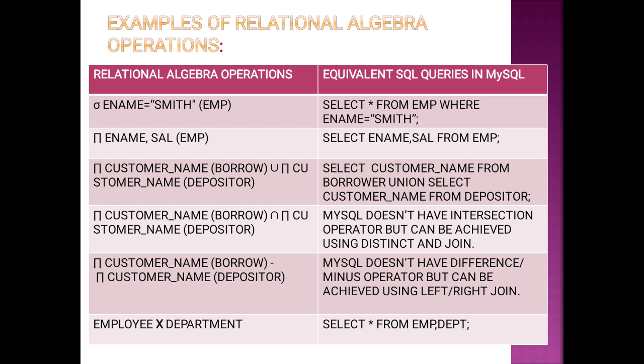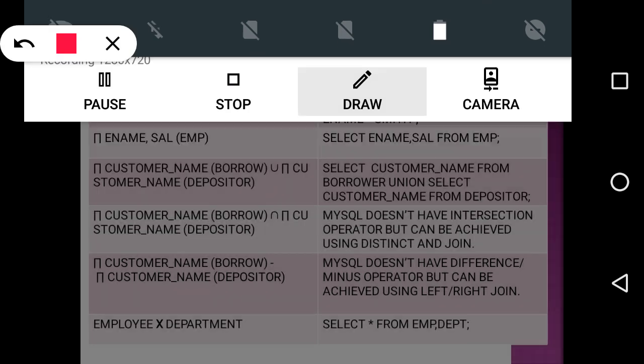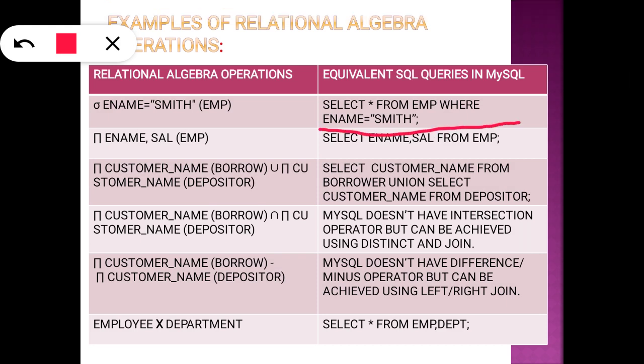See, select ename equal to Smith from table EMP is equivalent to this query: select star from EMP where ename equal to Smith. You can write it in relational algebra as sigma ename equal to Smith, in parentheses EMP.